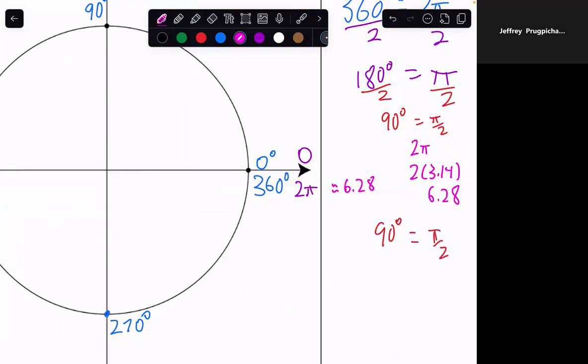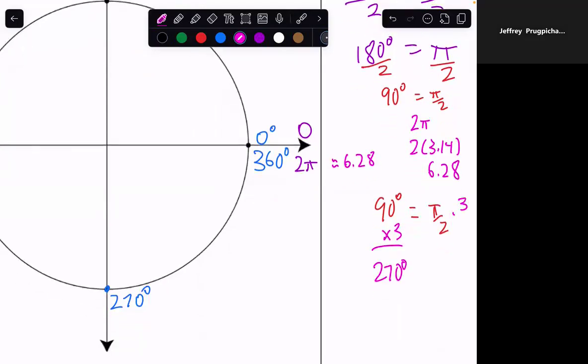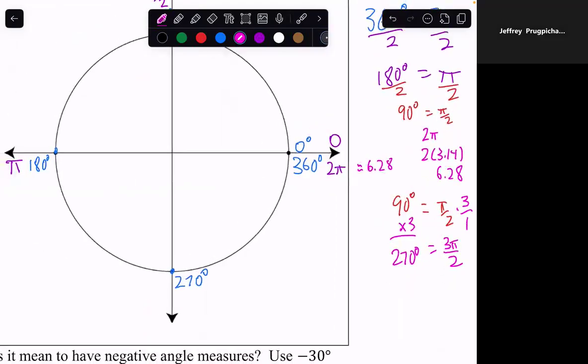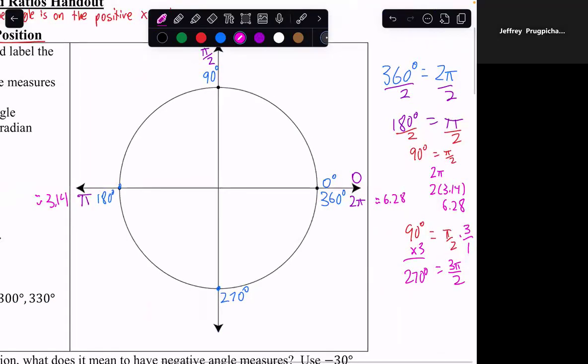To get to 270 degrees, I could do 90 degrees times 3. So I'd have to multiply the other side by 3 also. Remember, this is regular multiplying, not cross multiplying. So pi times 3 is 3 pi, 2 times 1 is 2. So 270 degrees is equal to 3 pi over 2 radians.